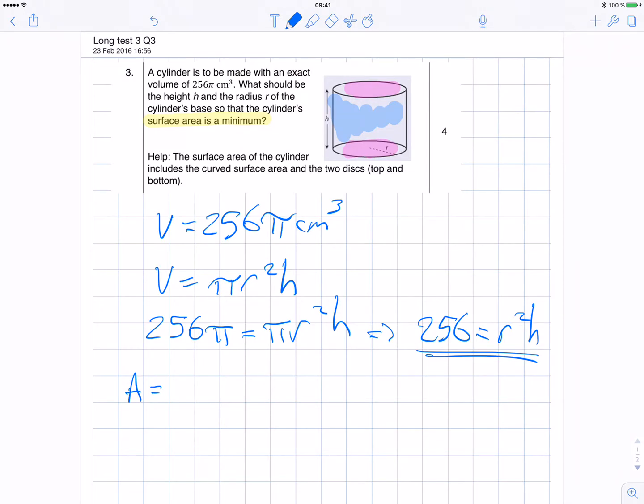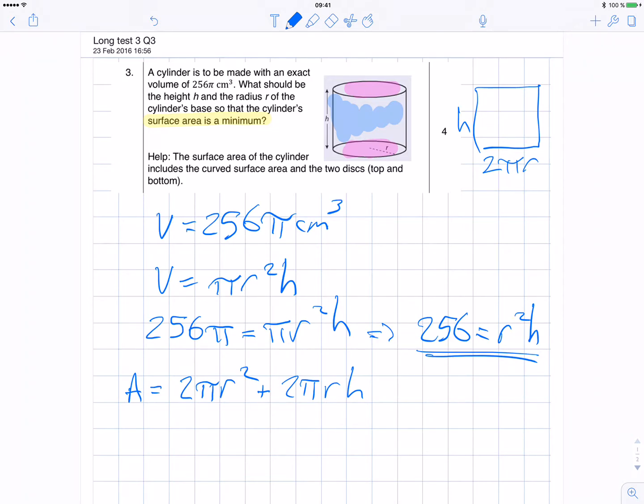So the top and the bottom are pi r squared, and there's two of them, so it's 2 pi r squared, and we have to add on the curved bit. Now the curved bit is just a rectangle with the height of h, and this is the circumference 2 pi r, so it's 2 pi r h.